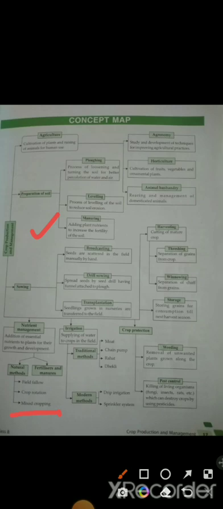We have a few natural methods, that is field fallow, leaving the land for a few months or years without cultivating anything, and then we will use it, so that it will regain the soil fertility. Then crop rotation, first season legume plants, second season non-legume plants, so thereby the soil fertility is maintained. And the next one is mixed cropping, together with the legume plants we can grow the other plants, so thereby there is a circulation of nutrients. These are the few natural methods.